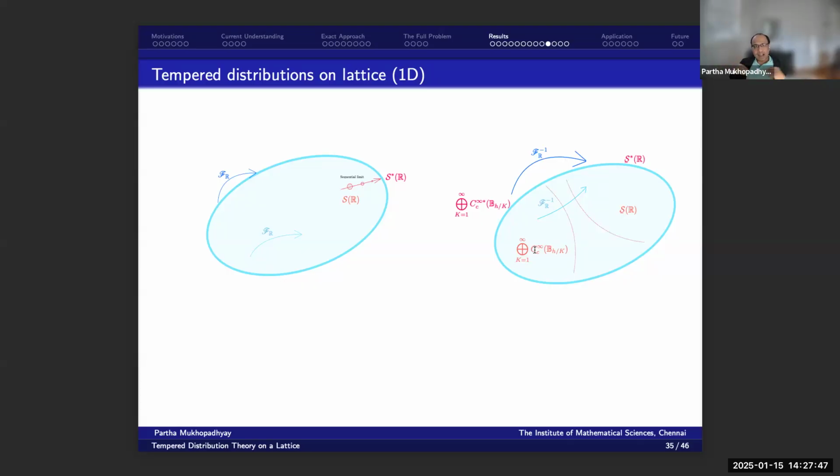So if you take R, then the Pontryagin dual of R is another R. From position space, you are going to momentum space. So this F is taking a position space function and taking it to a momentum space function. A Schwartz function in position space is taken to a Schwartz function in momentum space by the Fourier transformation.